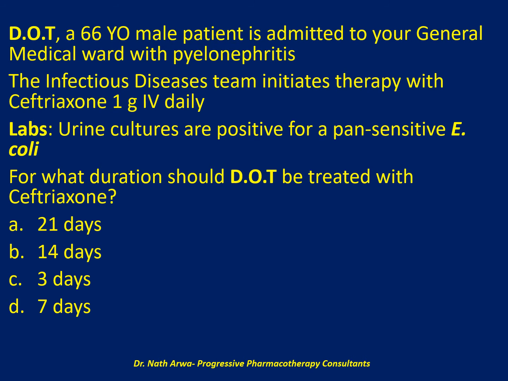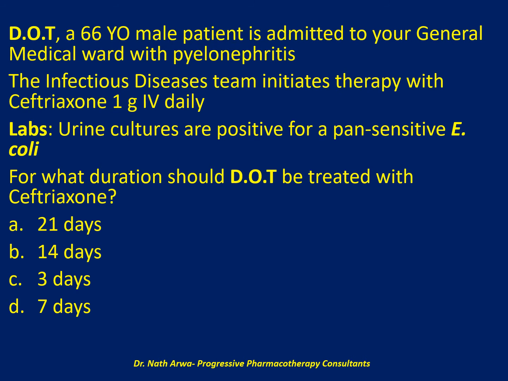And it reads, Mr. DOT, a 66-year-old male patient, is admitted to the general medical ward with pyelonephritis. The infectious diseases team initiates therapy with ceftriaxone at a dose of 1 gram infused over 30 minutes on a daily basis.